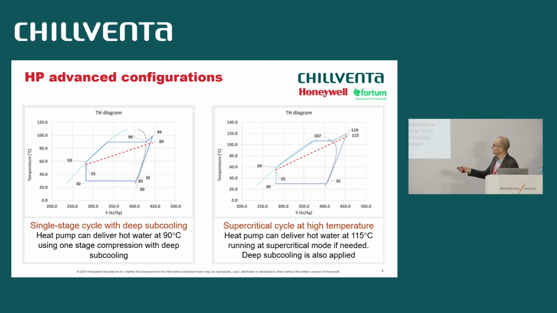The first one is the reference one, which is at 90 degrees C. The second one is where we let the refrigerant go very close to the critical temperature or higher, and this will allow us to achieve 115 degrees C.